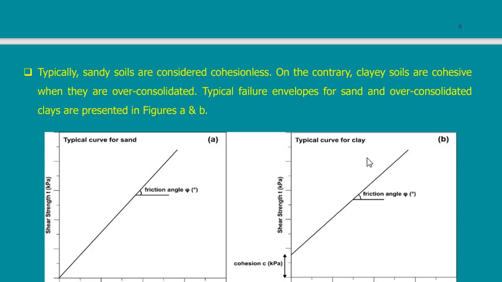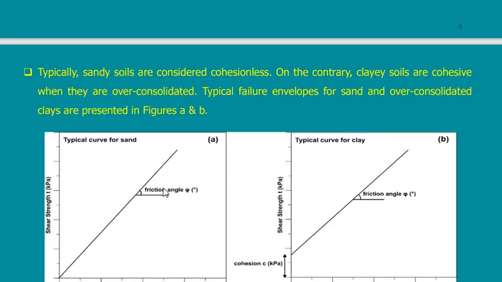If I tell you I have pure sand, from this word pure sand you understand that C equal to 0, no cohesion, because by the name, it is cohesionless soil. It means that it does not have any cohesion. So this is the first one. And if I tell you that it is pure clay, it means phi equal to 0. So this is the main thing.